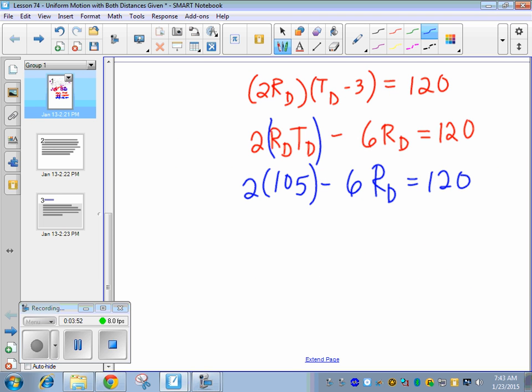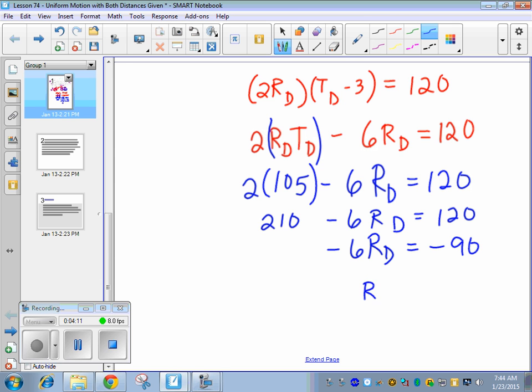So 2 times 105 is 210. All right, 120 minus 210, what's that? Okay, and divided by negative 6, so what's our answer going to be? All right, good. 15 miles per hour.